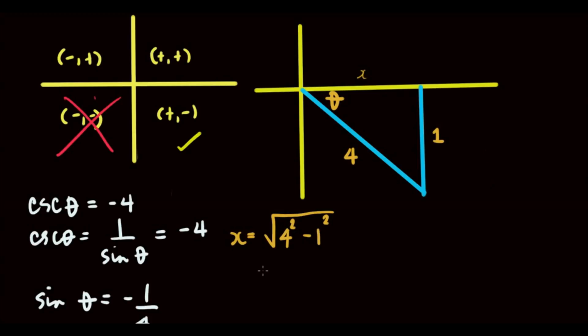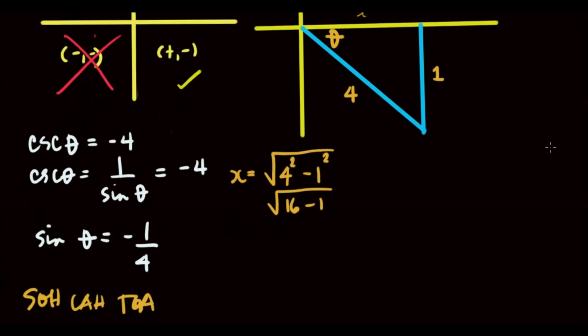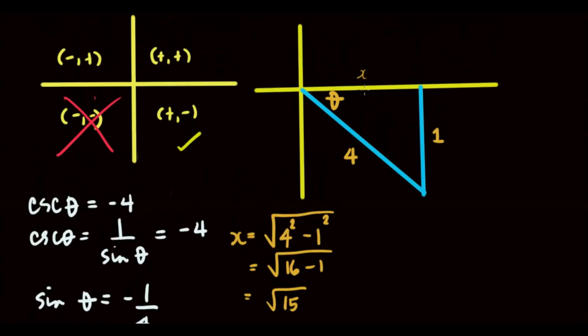So the square root of 16 minus 1 is equivalent to square root of 15. So this side over here is square root of 15.